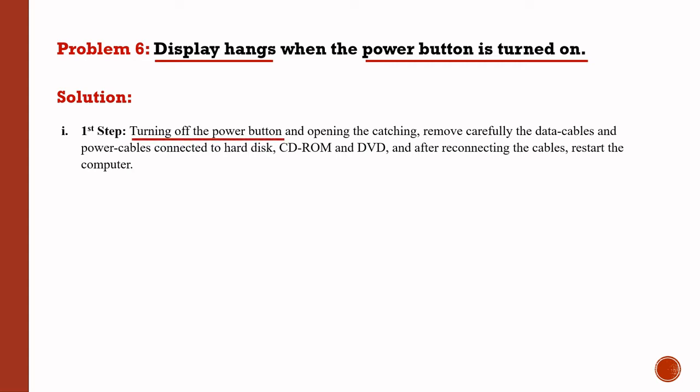Then we have to open the casing and remove carefully the data cables and power cables connected to the hard disk, CD-ROM, DVD. So first we turn off the power button, then remove all cables.